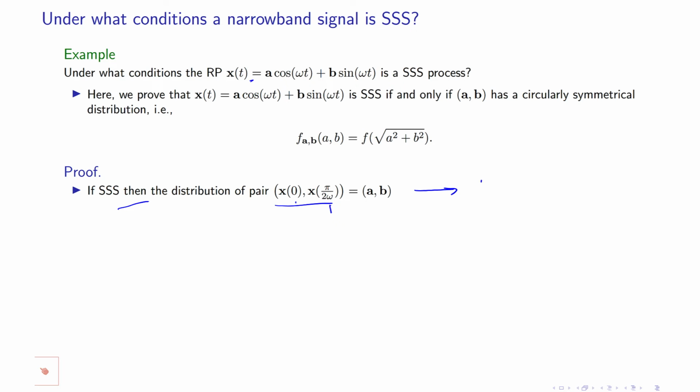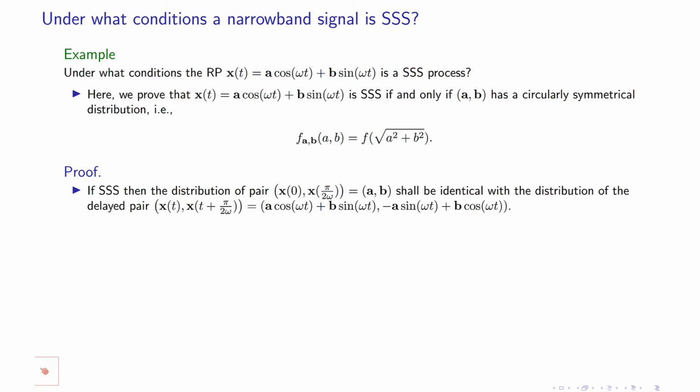So if I take x at time t and x at time t plus pi over 2 omega, the distribution of these should be the same. If I time delay both samples, the distribution should remain invariant. In that case, it is stationary.